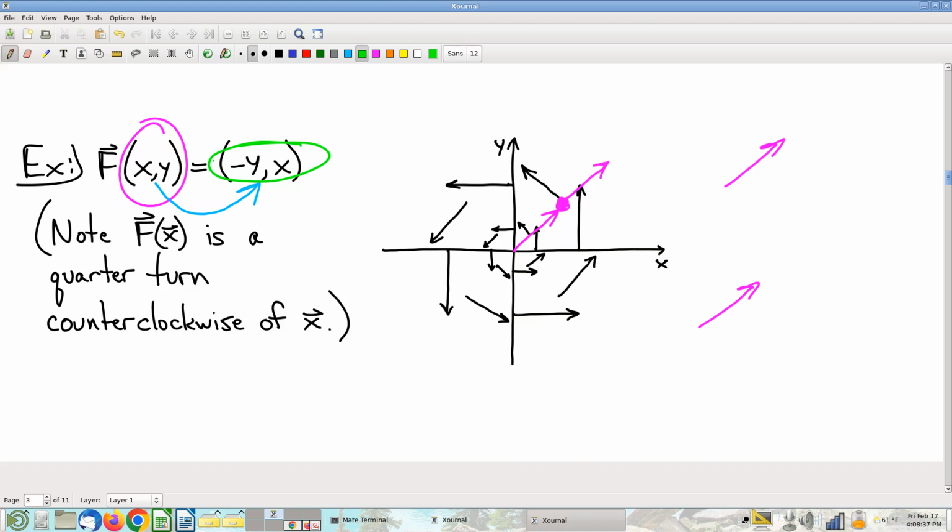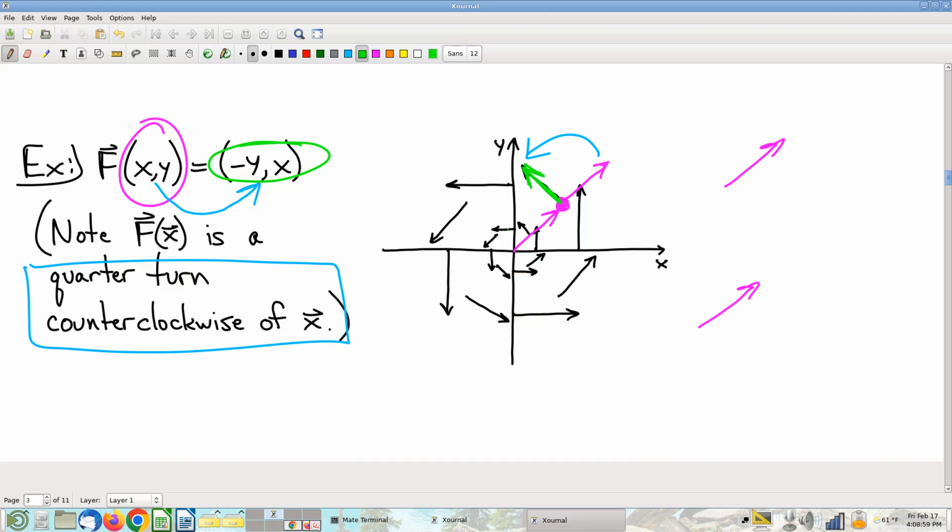And so, not hard to show. I'm going to let y'all do the linear algebra on this, but it's not hard to show that what turns the position vector into the field vector is a quarter turn counterclockwise, and so that turns into this.